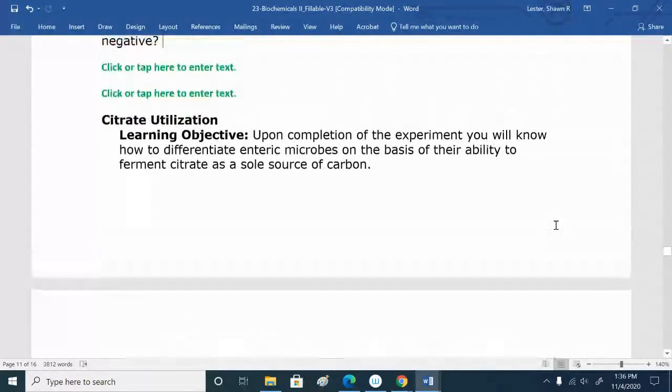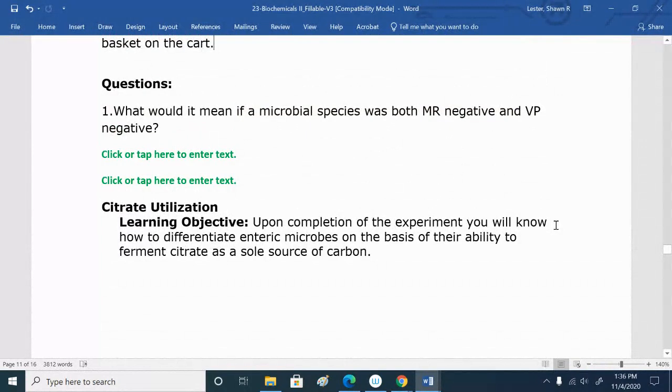So some questions. What would it mean if a microbial species was both methyl red negative and VP negative? Both tests require the bacteria to use glucose, right, to make either acid end products or neutral end products.